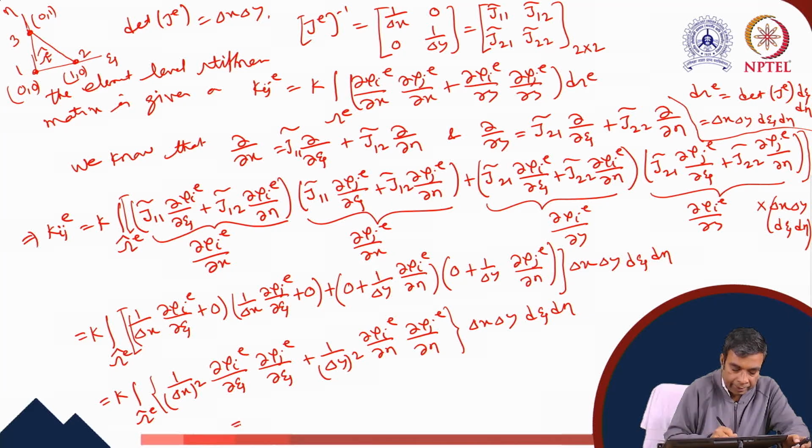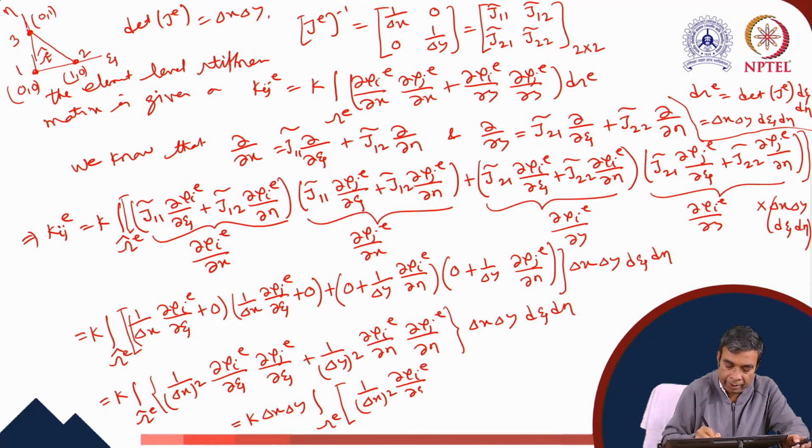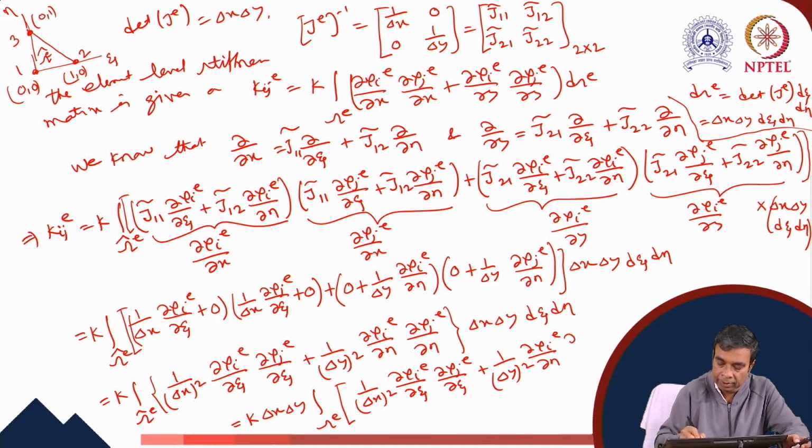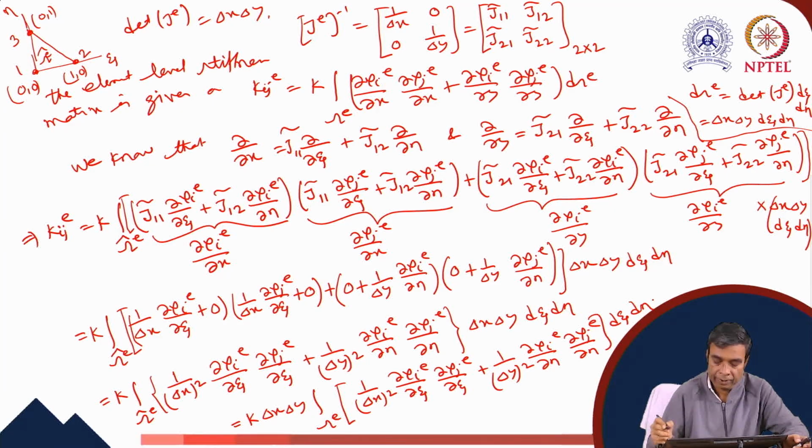So we can write this as k into delta x delta y integration over omega e, 1 by delta x whole square del psi ie del xi del psi je del xi plus 1 by delta y whole square del psi ie del eta del psi je del eta d xi d eta.